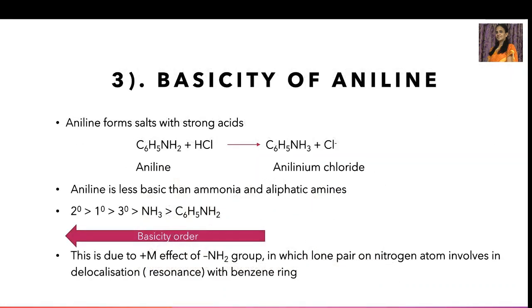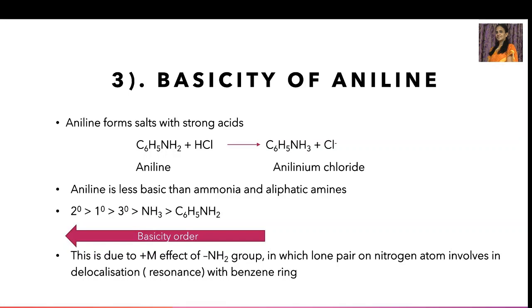Third application: basicity of aniline. So how do we explain the basicity of aniline? Let us see. Aniline forms salts with strong acids. So aniline reacts with HCl to form C6H5NH3 plus Cl minus.